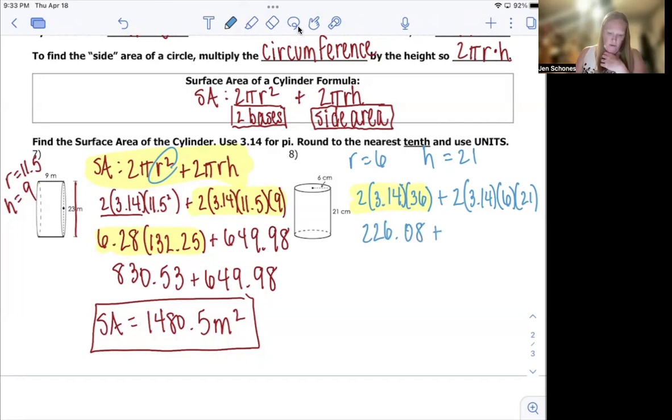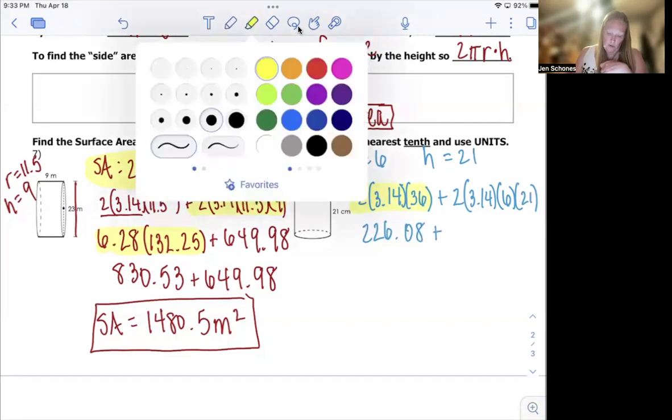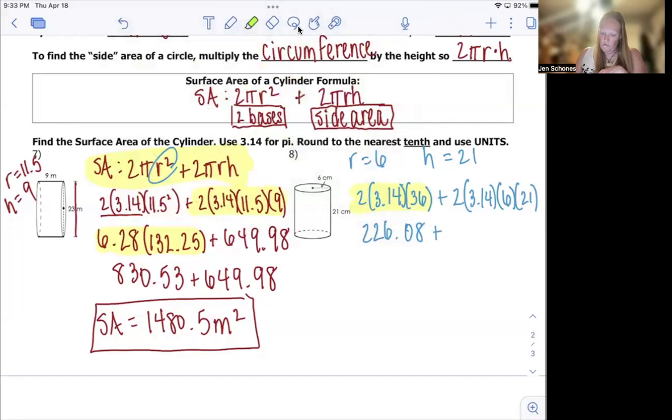Plus, now I'm going to do this side. 6.28 times 6 times 21 is 791.28. Okay, almost done. Now I add those two together.